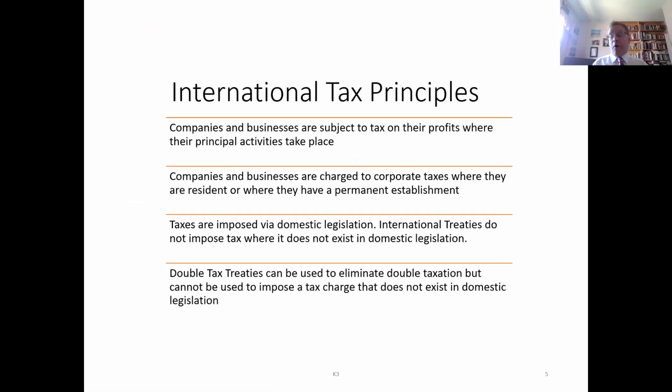A quick reminder of international tax principles. One of the important points is that companies and businesses are subject to tax on their profits where their principal activities take place.